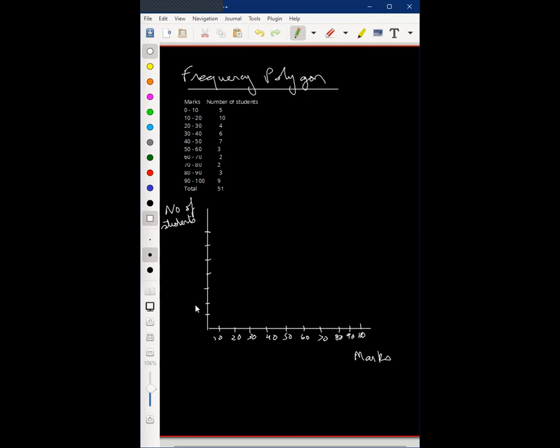Let's say like this. Right? So now let's make the histogram. From 0 to 10, we have 5, so it will be something like this. I'm not filling it out. You can fill it out later.